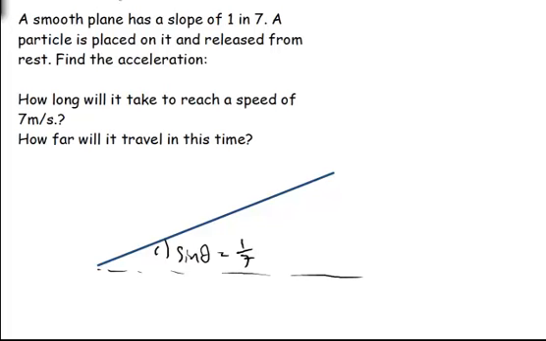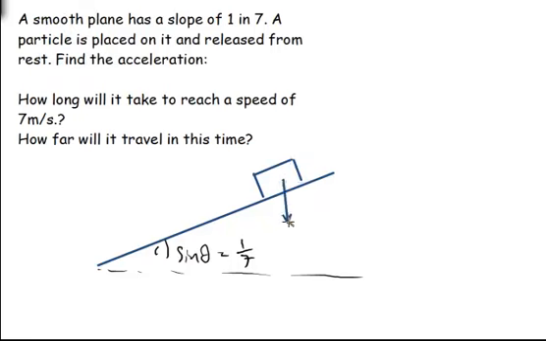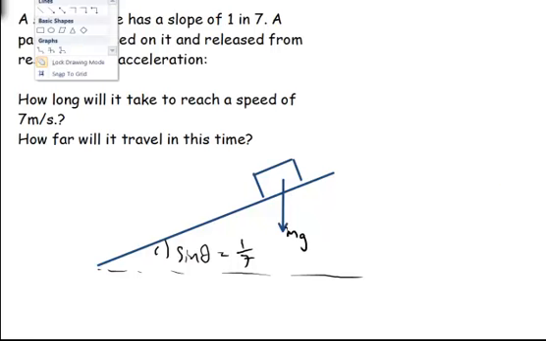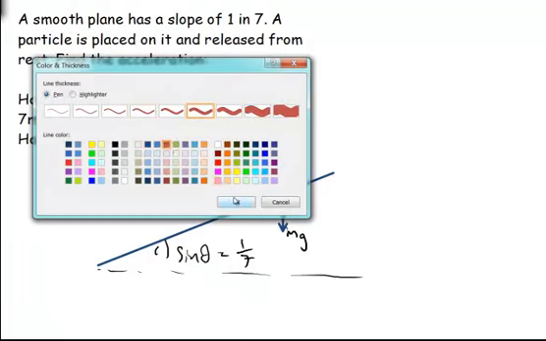And what we've got on this is a particle, so we'll just draw in a box for the particle. And this particle has a weight that acts down that way there, mg. So, what we want from this, I'll change the colour here.